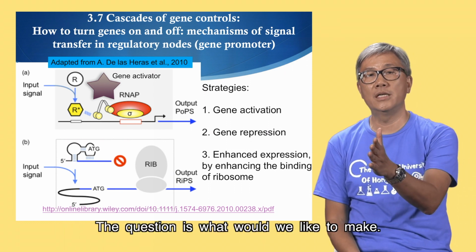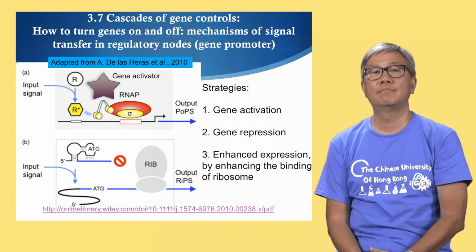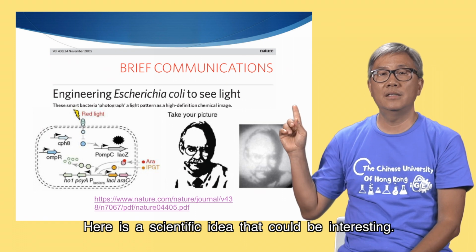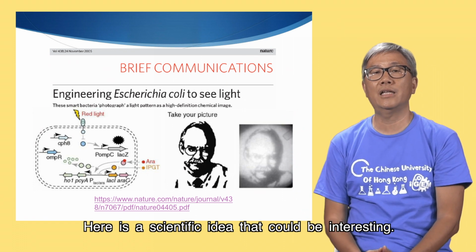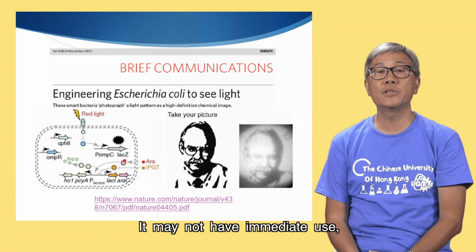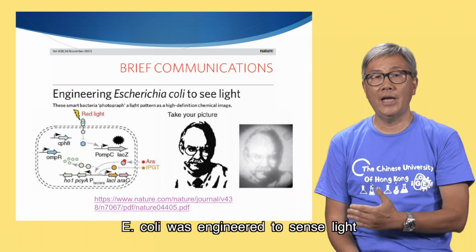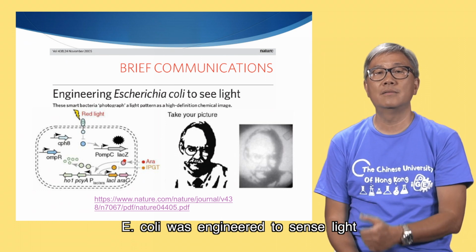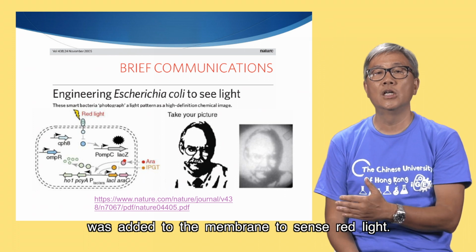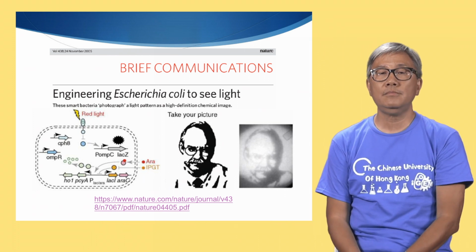The question is, what would we like to make? Here is a scientific idea that could be interesting. It may not have immediate use, but in this case, E. coli was engineered to sense light, and a membrane photoreceptor was added to the membrane to sense red light.